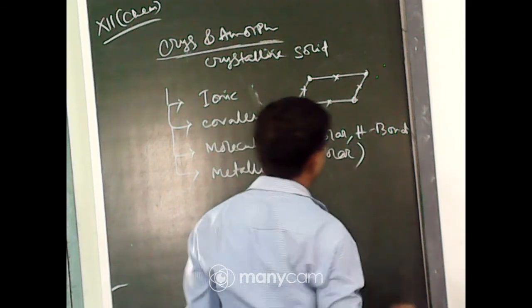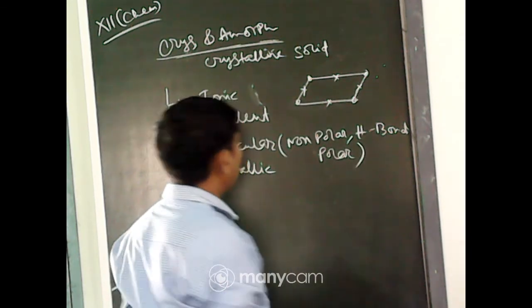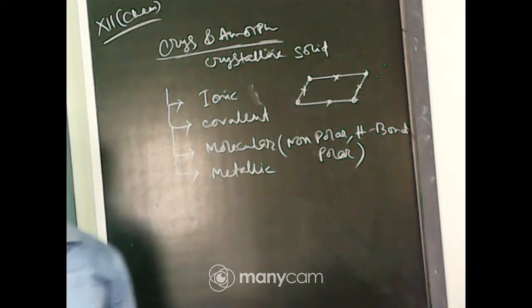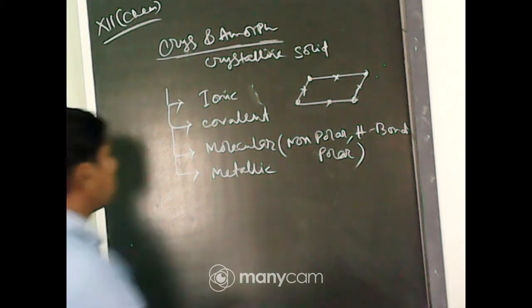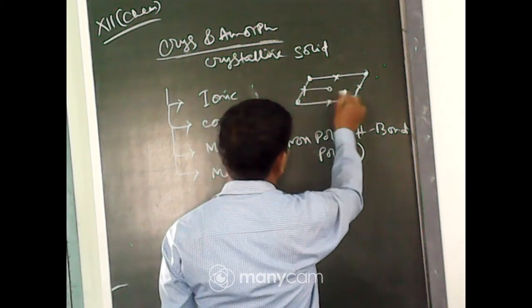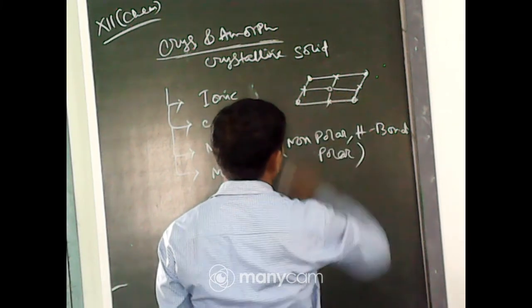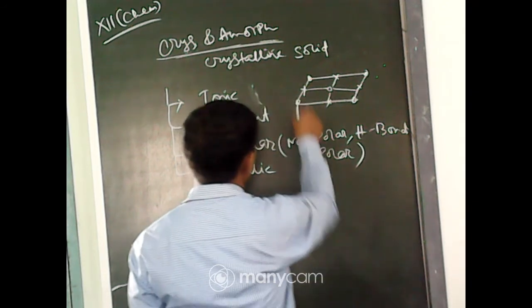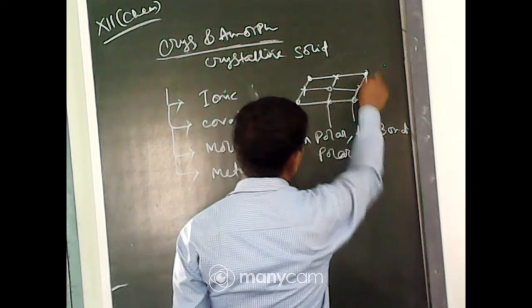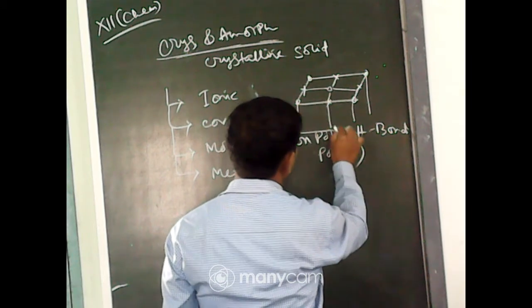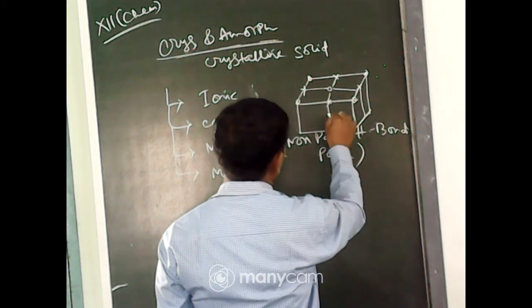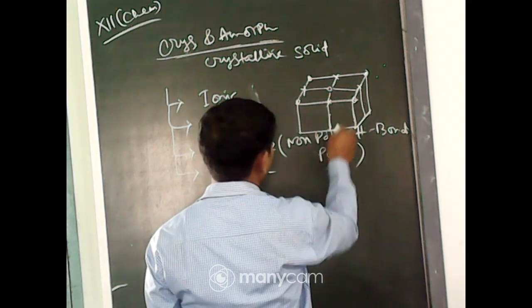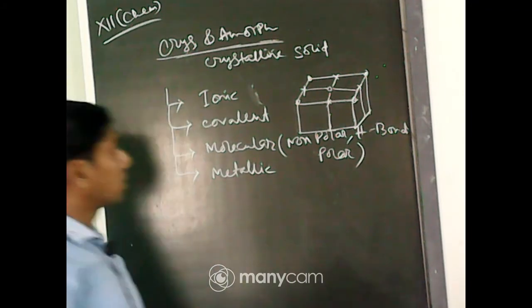The cross marks indicate the sodium and the round marks indicate the chlorine. And in between these there are 2 sodium; when there are 2 sodium, then here will be 1 chlorine. This is only one face, and if it is continued up to 3-dimensional space, then we get one crystal of sodium chloride.